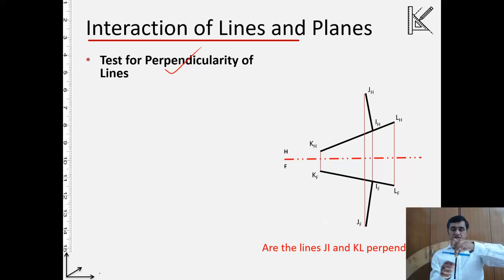So when I see the true length of both the lines, the angle will remain 90 degrees. Just by looking at one frontal plane, I will be able to tell whether these two lines are perpendicular or not.